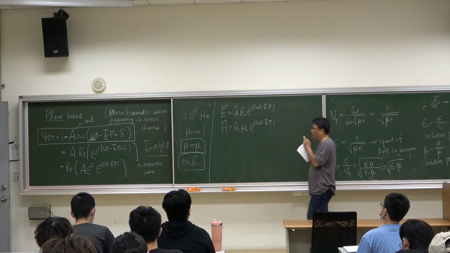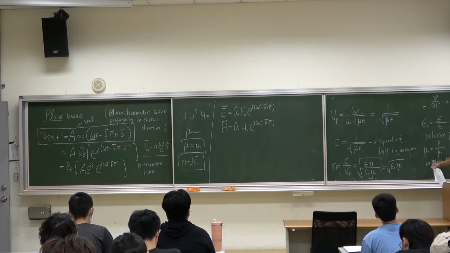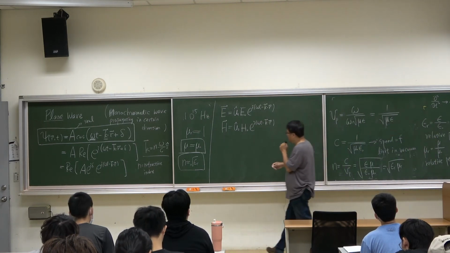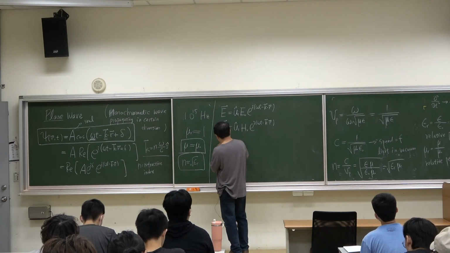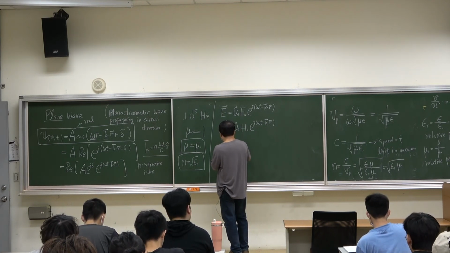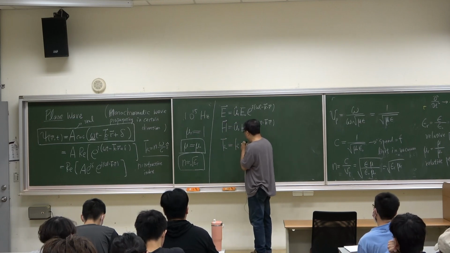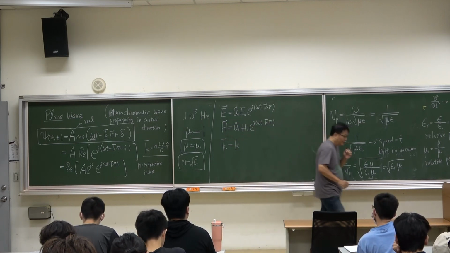We want to know the directions U1, U2, and k. What are the relations between them? We can write k as k times, say, U3.